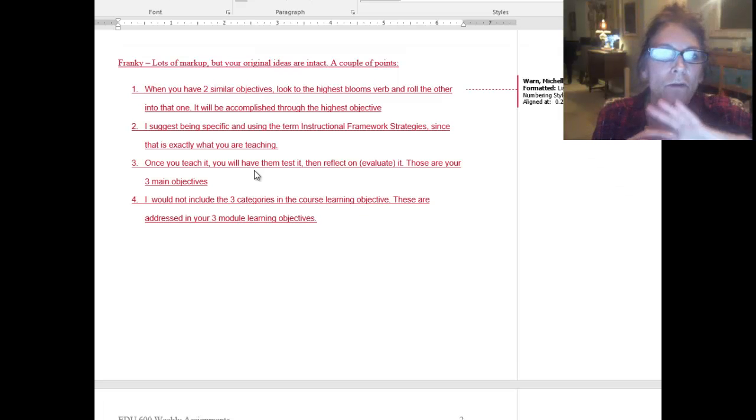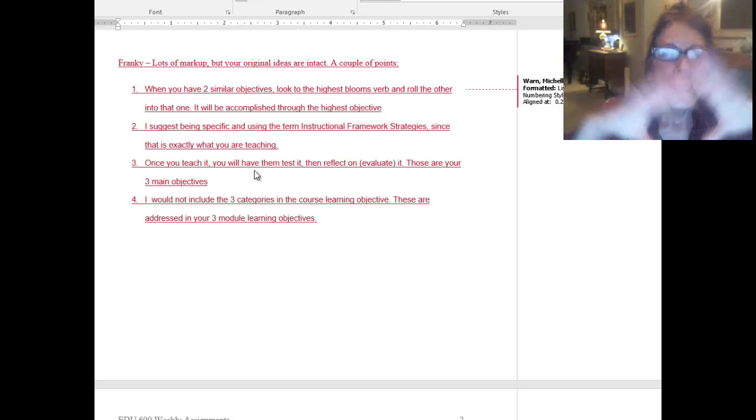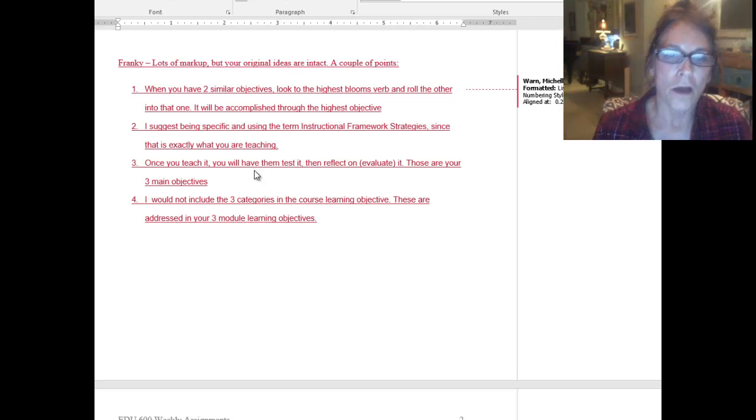So you don't have separate skill sets. The course learning outcomes embed the module learning outcomes. So don't break those out into the how for one and the why for the other. The course learning outcomes are the how and why.